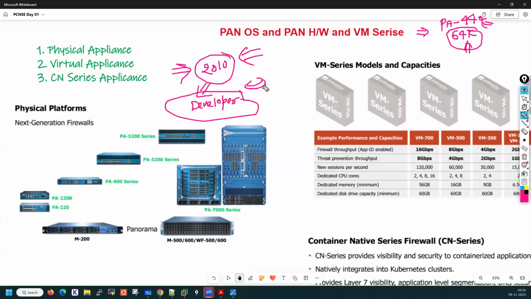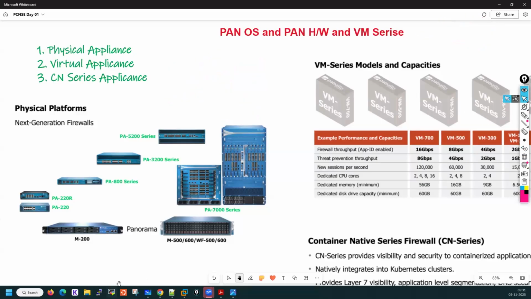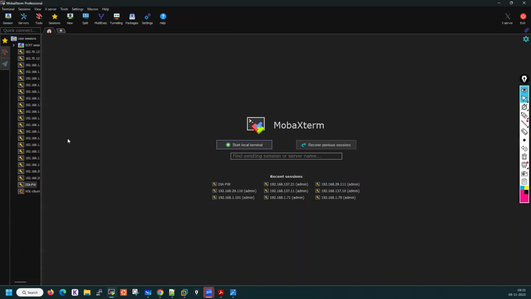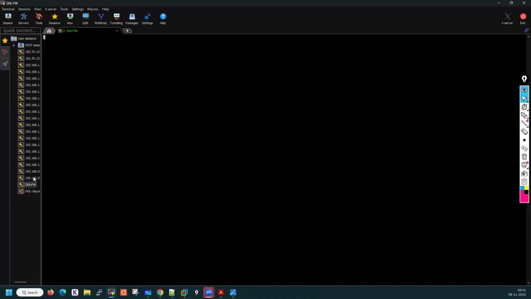He increased that limit, and after that, the box was able to support more sessions than Palo Alto claims. Let me show you that limit. If you get root access, then you can make those changes. So they never provide you root access.